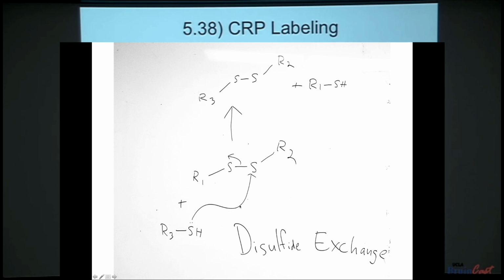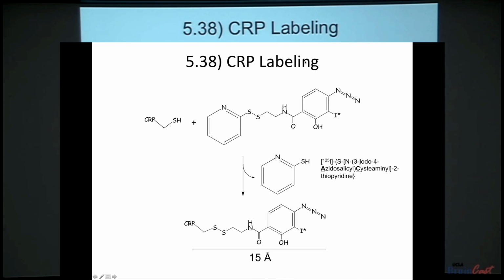Here's what I mean by disulfide exchange. We have a thiol reagent that attacks a disulfide bond, and we end up replacing one disulfide linkage with another disulfide linkage. In this example here, the SH group on the cysteine side chain of CRP attacks this sulfur here. The leaving group then is thiopyridine, and we end up radiolabeling CRP.